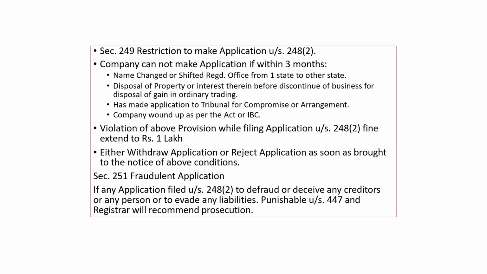So if any application is filed by the company under section 248(2) voluntarily with an intention to defraud or deceive any creditors or any person or to evade any liability, then there is a punishment. Punishment provisions are there in respective chapters also, and then 447 covers the general penalty provision. So it is punishable under section 447, and the registrar will recommend prosecution against the persons who are involved.